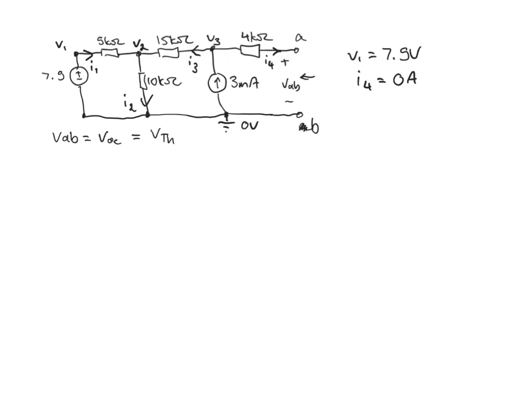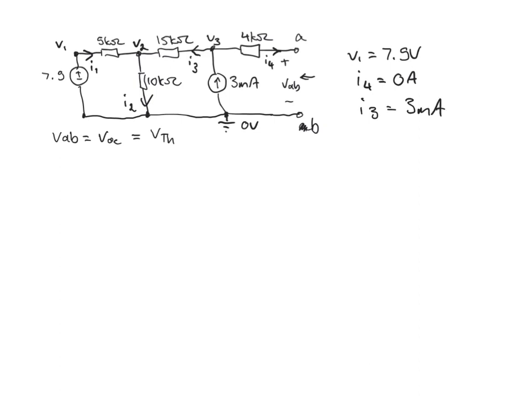And because I4 is equal to 0 amps, at this point here, we've got 0 amps flowing out. And so all we've got flowing in here is the 3 milliamps from the 3 milliamp source. So we also know that I3 is equal to 3 milliamps.